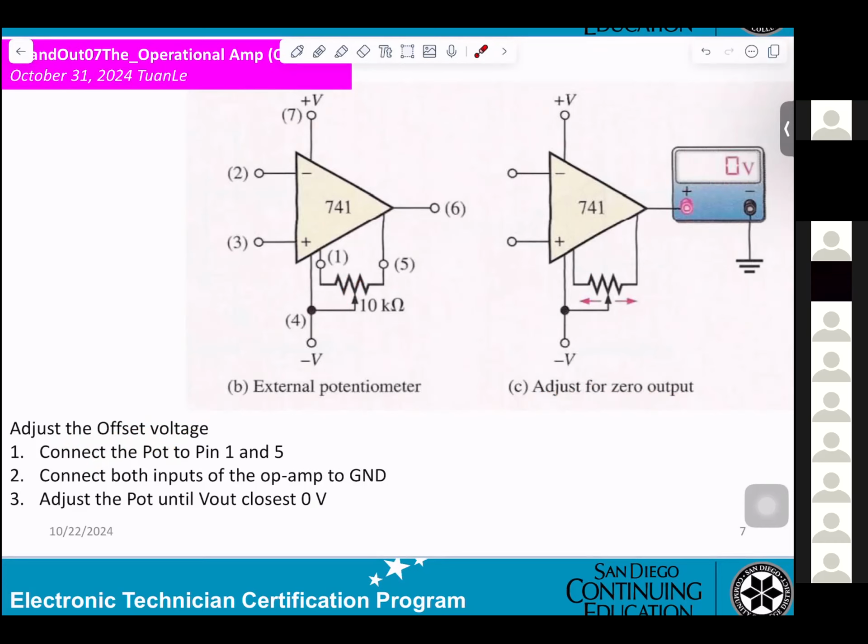Connect both op-amp inputs to ground. The output is supposed to be 0, but if it's not, then you adjust that here until you get 0 volt. That's the offset voltage null.